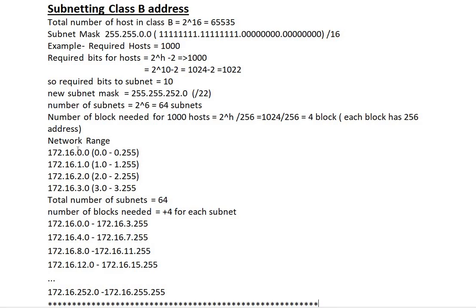If my network starts with 172.16.0.0, using 4 blocks, I start with 0.0 and go up to 3.255, which is the last address we are going to use in the range.